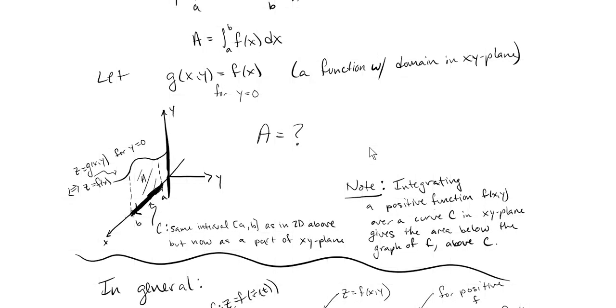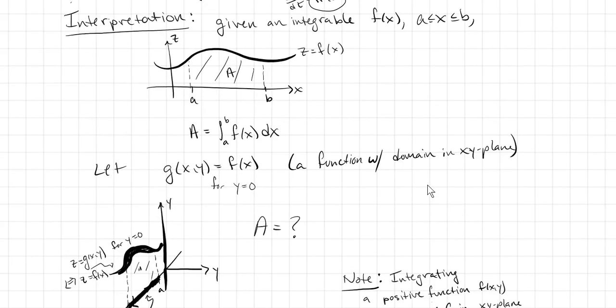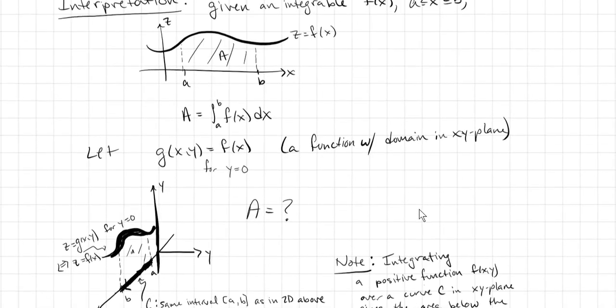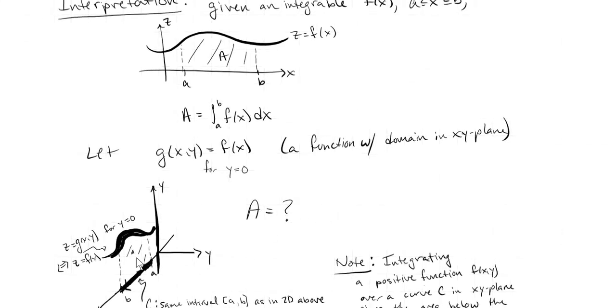So I want to see, can we figure out if this curve down here, trying to make it bold, if that curve is the same as the curve above, here, then we should be able to figure out the area.